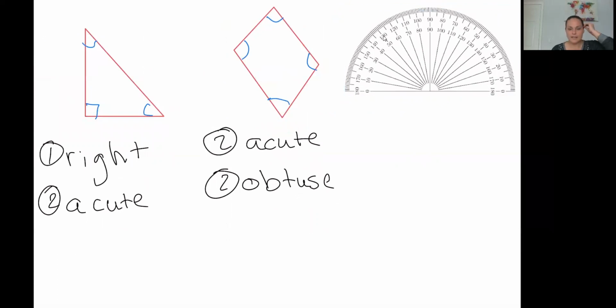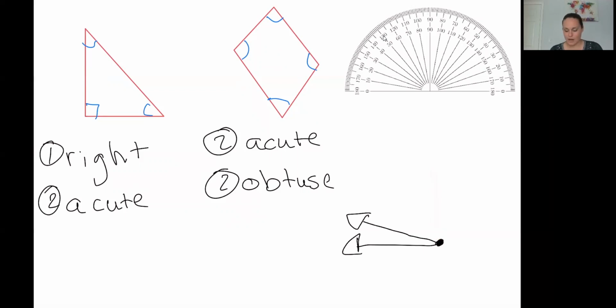The other thing you might be asked to do in your assignment is to draw an acute or obtuse or right angle. So you have to make sure that you know how to draw those and what those measurements are. You can use a protractor to make those exact, or you can just kind of freehand them and guess like we did in our notes. So you'd have your point that you'd start from, you would draw your base ray, and if I wanted an acute angle, I can draw it super small, or I can make it a little bit bigger, as long as it's less than 90 degrees going straight up.